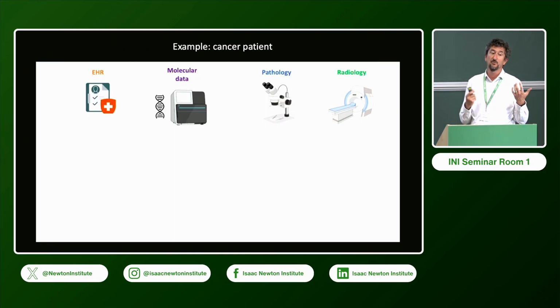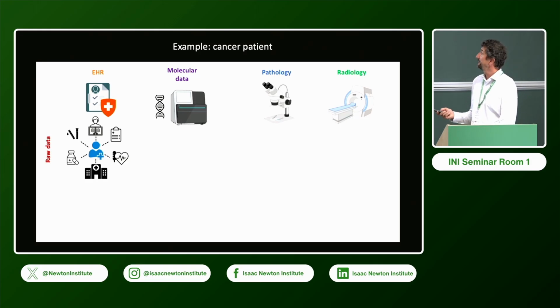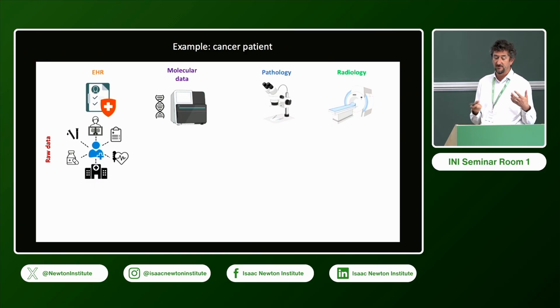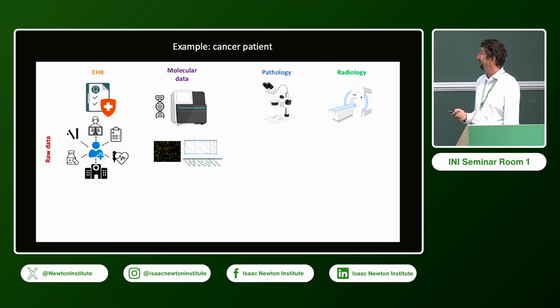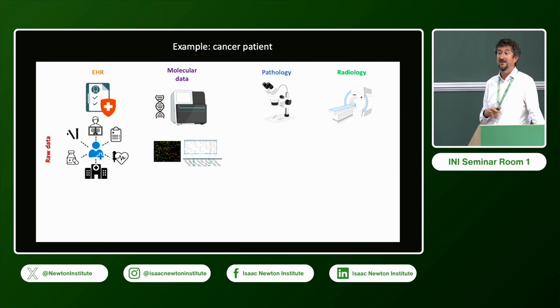So this is how we see the different data streams for cancer patients. There are electronic health records. This can be labs, notes, patient history. Then there's all sorts of molecular data. Routinely collected molecular data is now mutation panels. There's sometimes also RNA-seq.